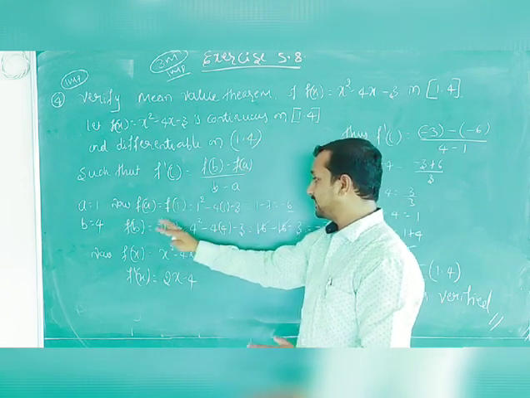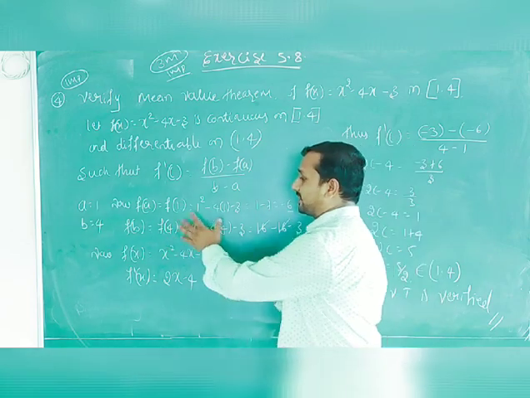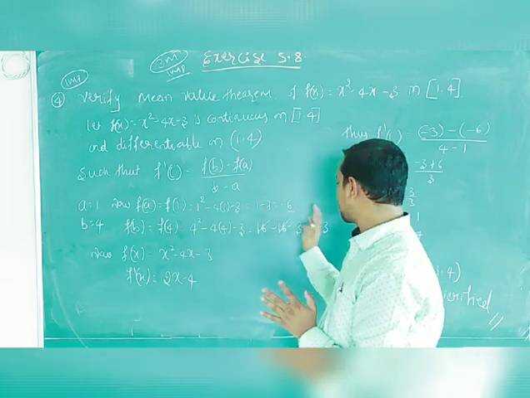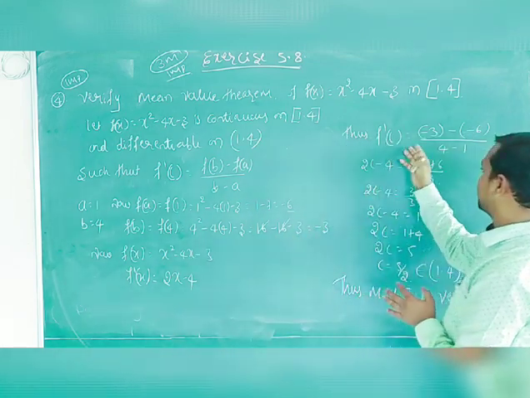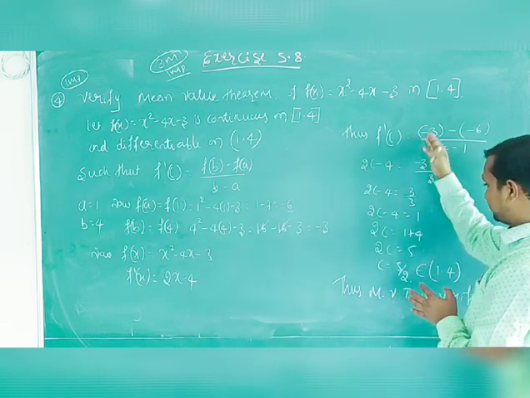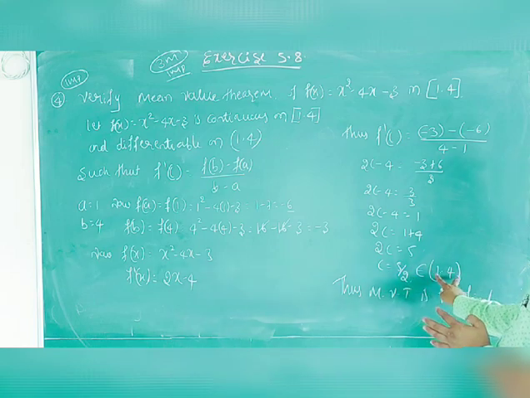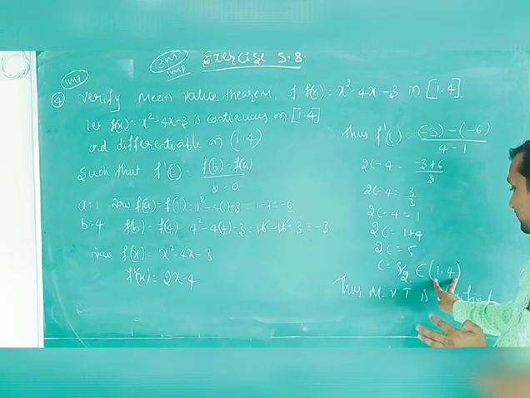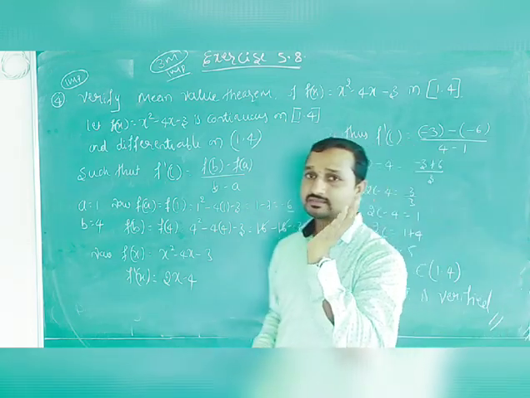We know the values of a, b, f of a, f of b, but we don't equate f of a to f of b. Obviously, those are not equal. Then we go for this procedure. Then f dash of c equals the value using f of a, f of b, b and a. Then we solve for c, and check that c belongs to the open interval. Thus mean value theorem is applicable.